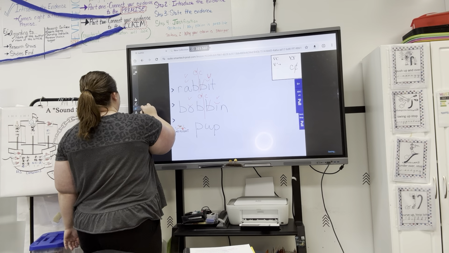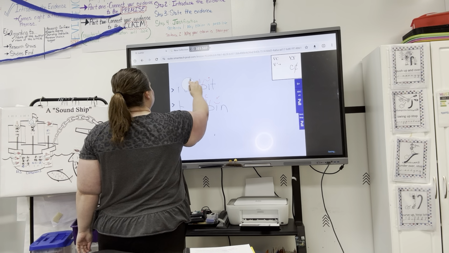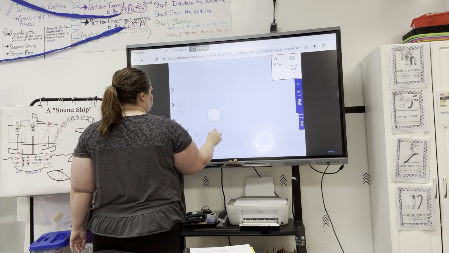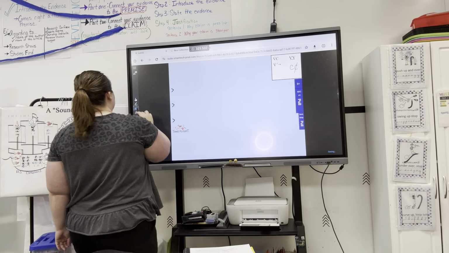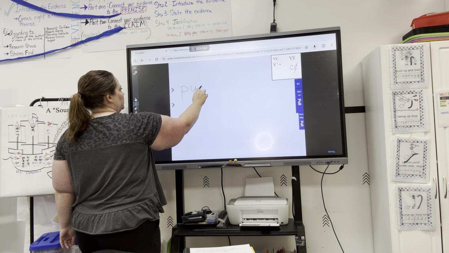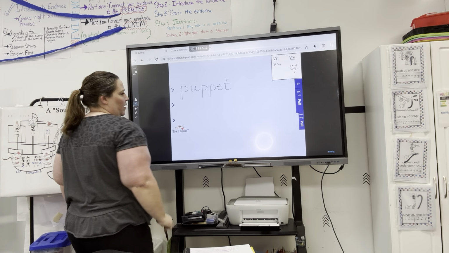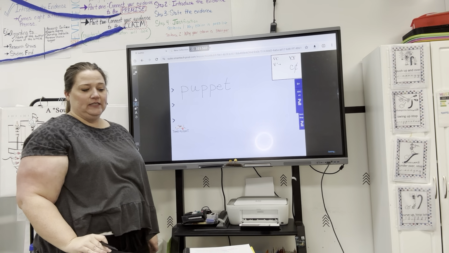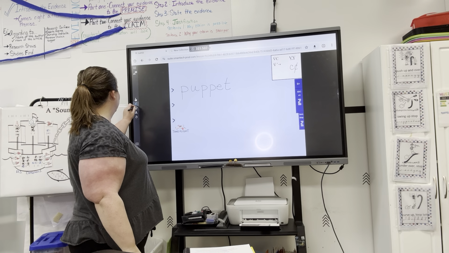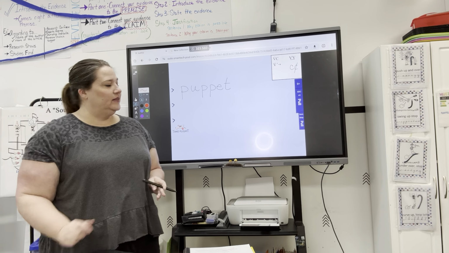Let me erase some of this, make some room. All right, do we have any suffixes? No. Do we have any letter clusters? No. So let's identify our vowels.